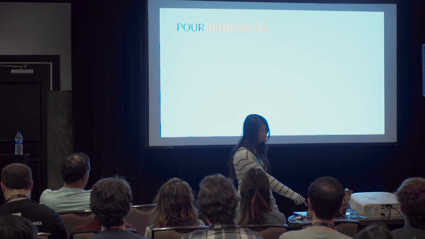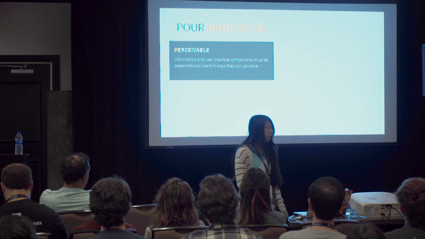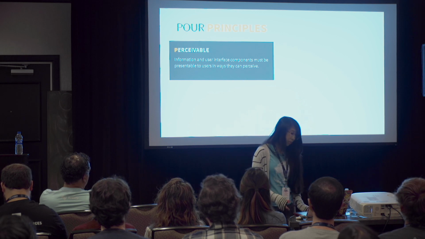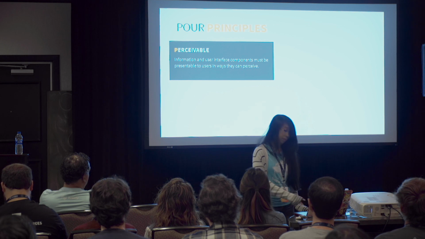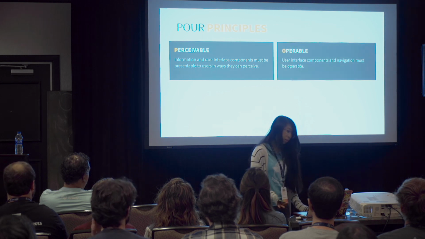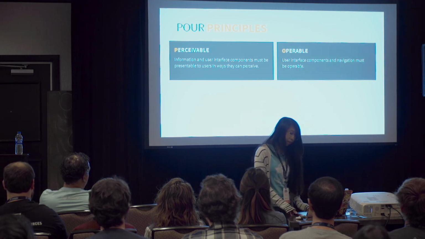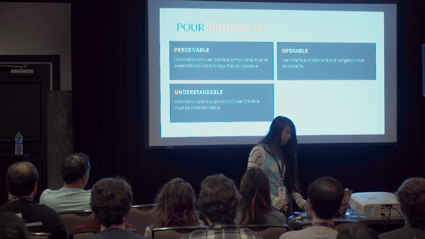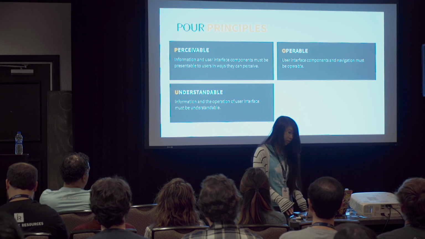So the POUR principles. The first one is perceivable. Information and user interface components must be presentable to users in ways they can perceive. Operable. User interface components and navigation must be operable. Understandable. Information and the operation of user interface must be understandable.